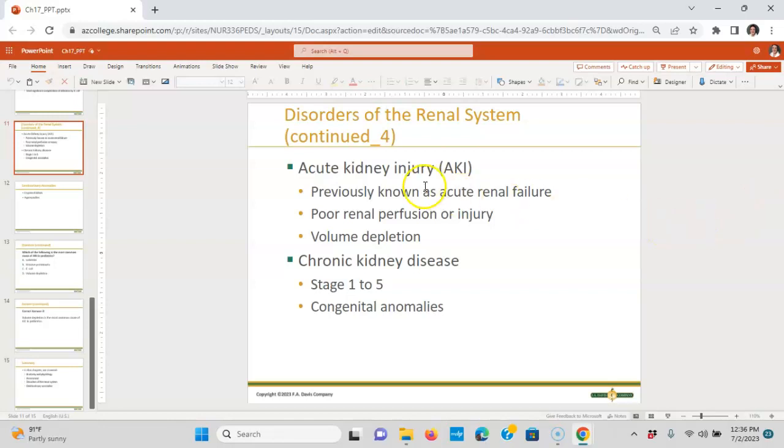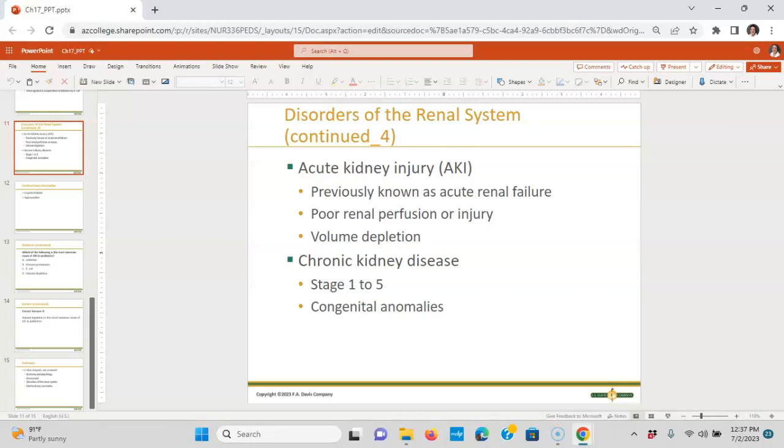So you're looking for a history of fluid loss, drug overdose, oliguria, hypertension, edema, seizures, anemia. You're looking at the BUN, creatinine, electrolytes. Anemia is going to show up on the CBC. Renal ultrasounds are going to be large or normal on the kidneys. And then possible arrhythmias from the electrolyte imbalance.